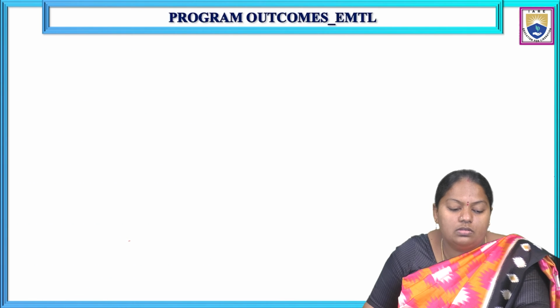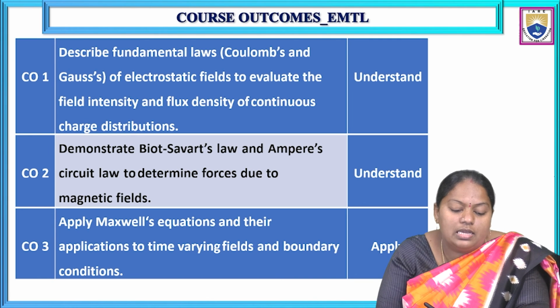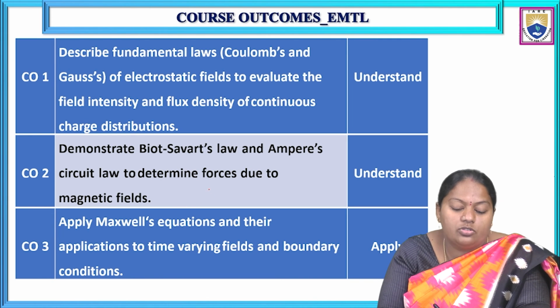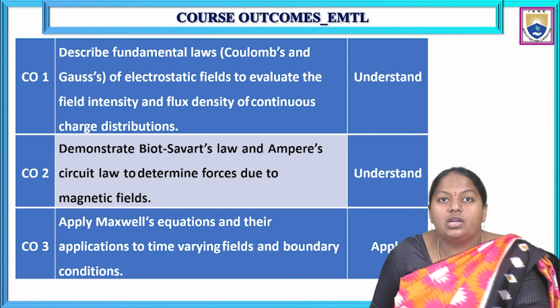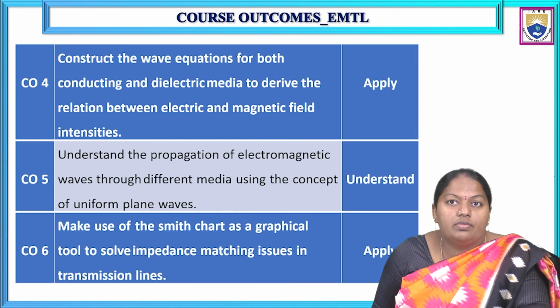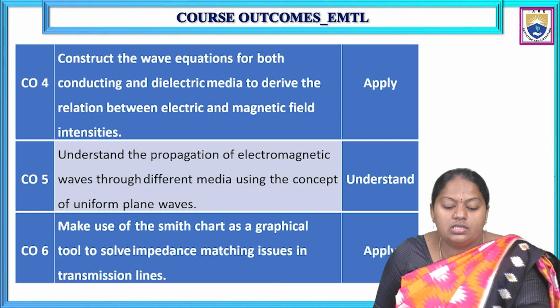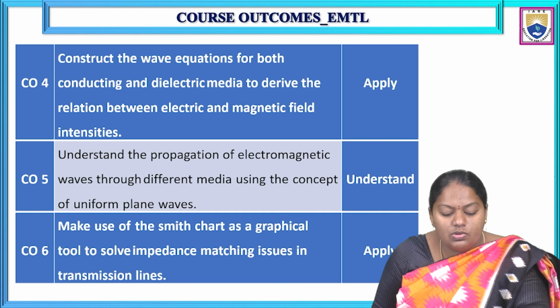See here, if you observe the COs, the first CO is related to the electrostatic fields, and the second one is for magnetostatic fields, and the third one is about Maxwell's equations as well as the boundary conditions, and CO4 is wave equations, bounded for only one particular medium, and CO5 is, if the wave is propagating between two media, then we have written the wave propagation characteristics in CO5, and CO6 is completely related to the transmission lines.